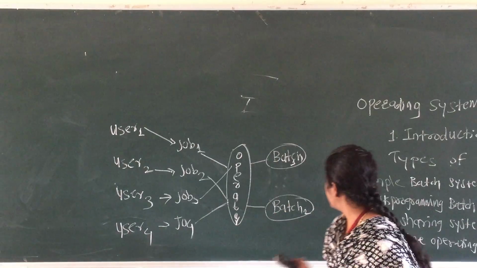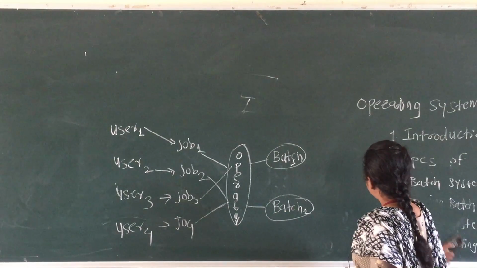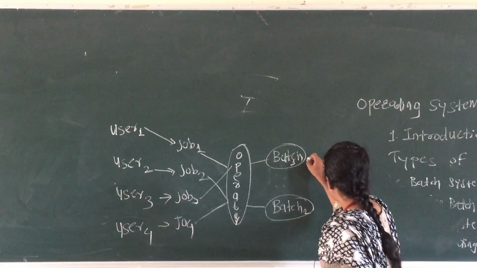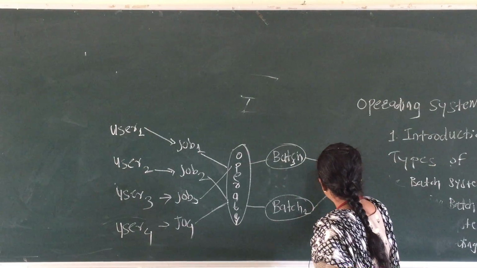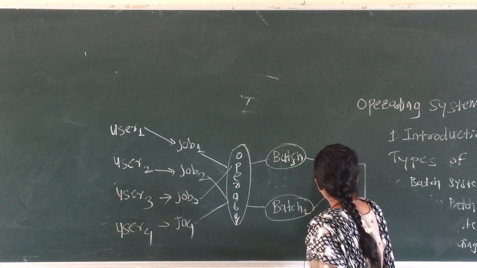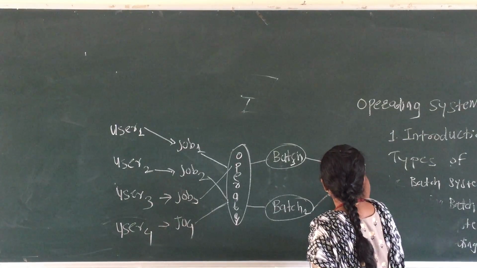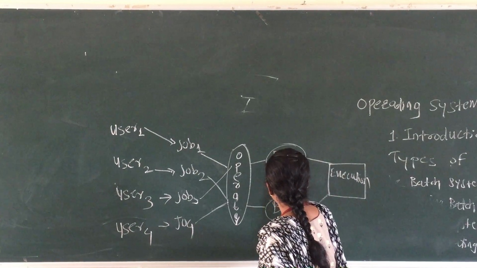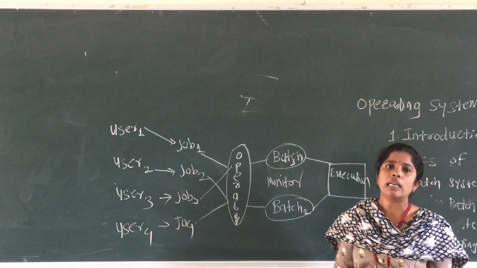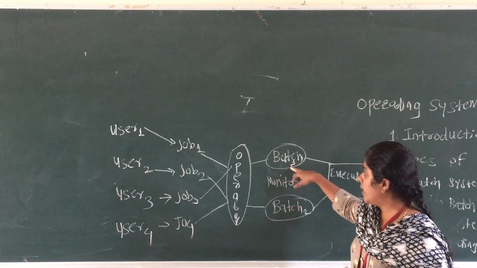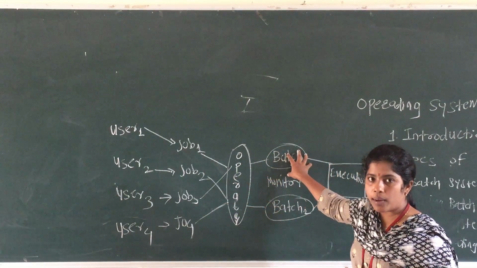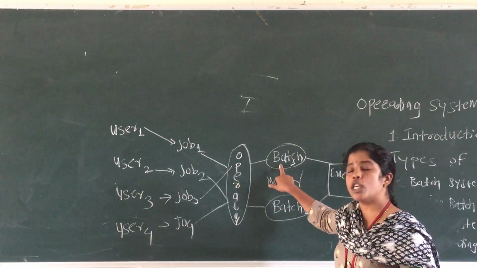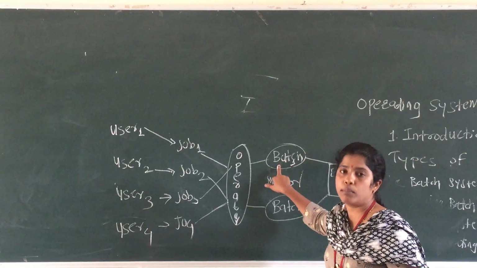Next, whenever the jobs get converted into a batch, there is the monitor that sends the jobs for execution and monitors the execution of the jobs of that batch.